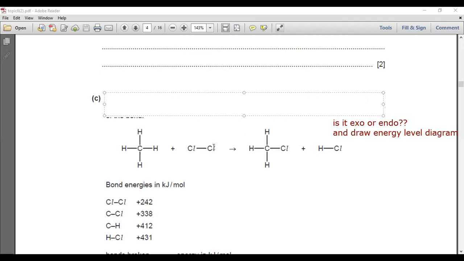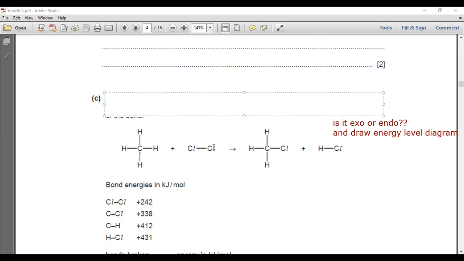Do you have 412? 412 times 3, yes? So you have to change it. Attention, there's a big difference between the C-H bond and the H-Cl bond. Attention, okay? Ahmed Ramadan.